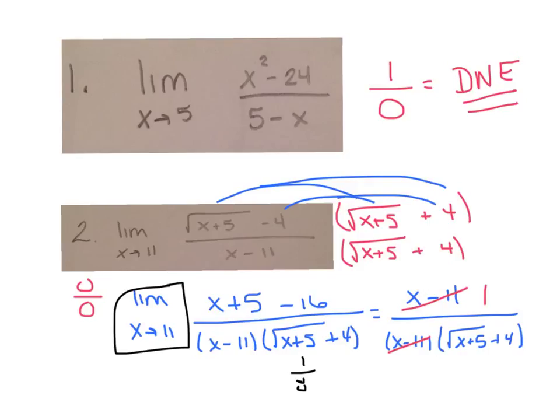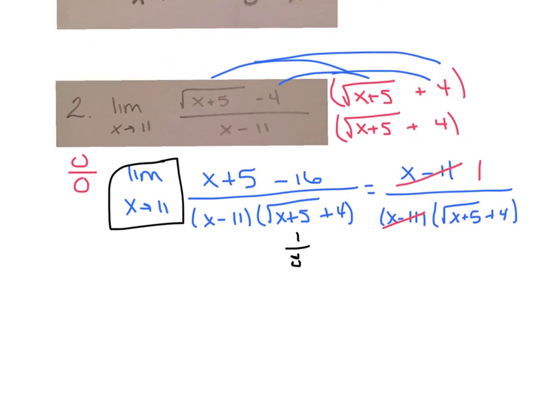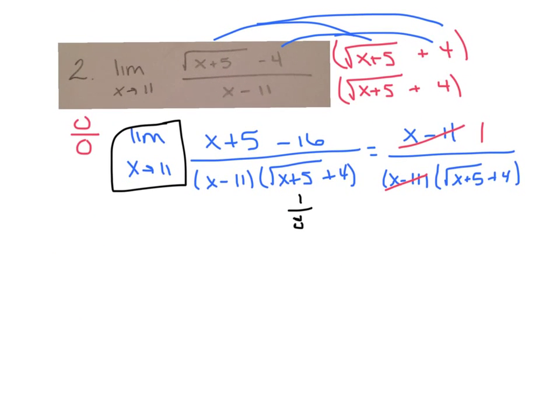Now, like I said, I had 0 over 0, so we could use L'Hopital's rule on this. So let's go through and do the same problem with L'Hopital's rule. Basically, all that rule says is you're going to derive the numerator and derive the denominator. We are not using quotient rule. So if I derive the numerator, I'm going to get 1/2 x plus 5 to the negative 1/2 times the derivative of the inside, which is 1.